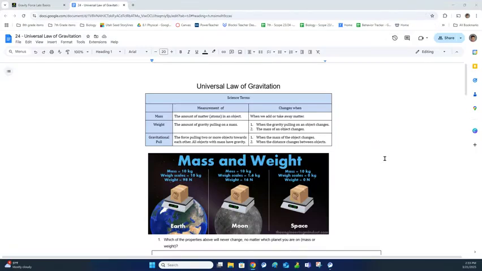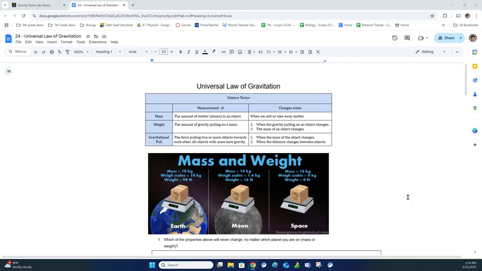I just wanted to take a minute or two here to walk you through this universal law of gravitation PhET assignment. When you first load it up, you're going to have a couple questions on the differences between mass and weight. If you went through the guided notes, you should be familiar with that concept. It was the last little video you watched.